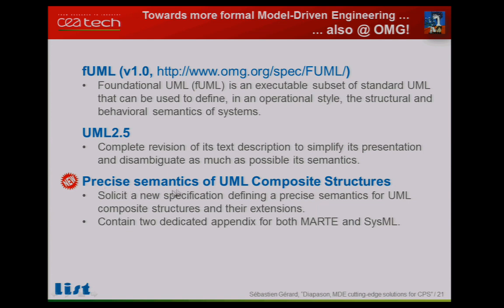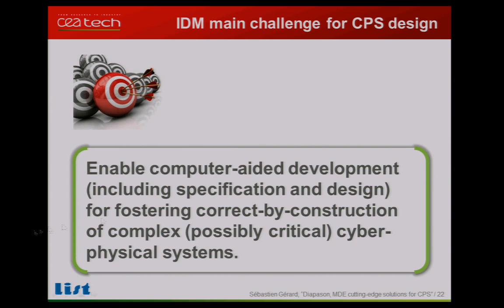The second layer that has been formalized is called PSCS, Precise Semantics of UML Composite Structure. It fits the concepts of component, port, and connector, so it is the part of UML dedicated to architecture description languages.